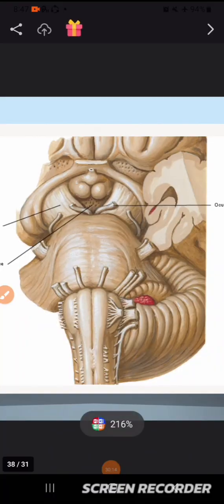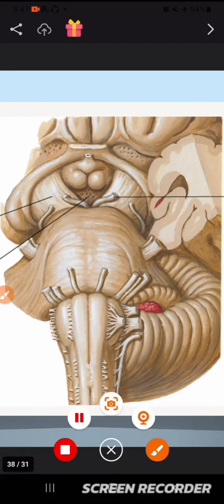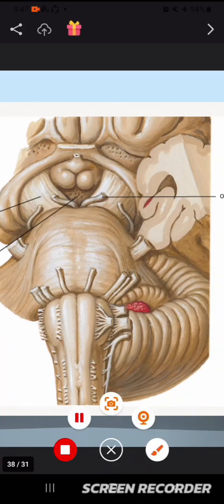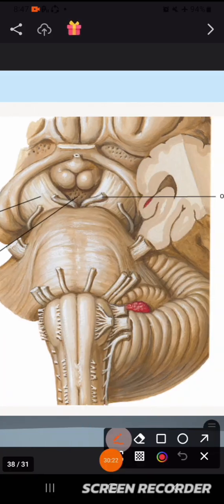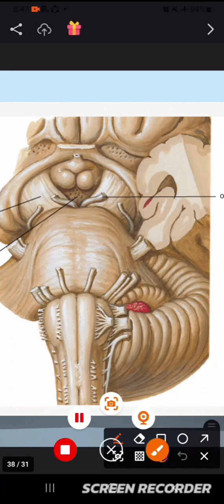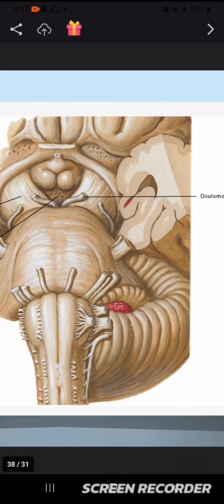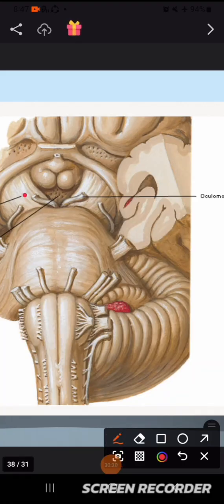On the anterior surface of the midbrain, you can see these two cerebral peduncles.